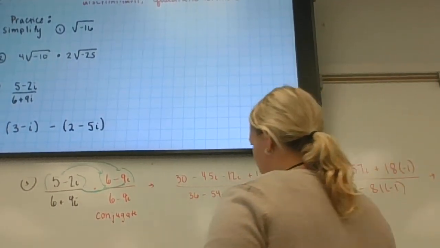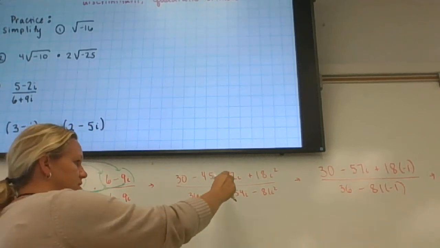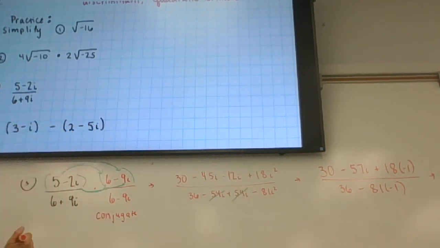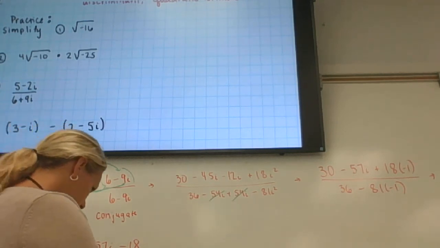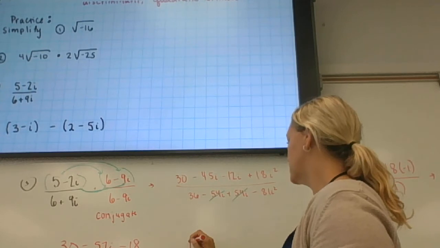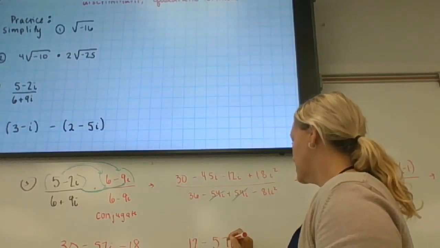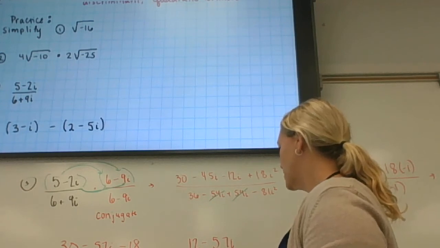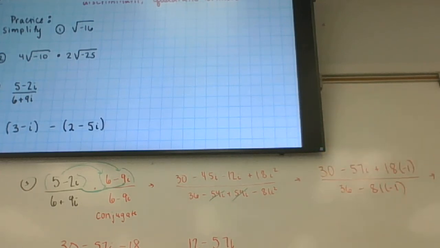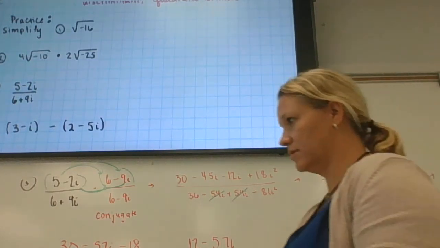The i squared becomes -1, and the middle terms are opposites, and they cancel. Yeah, 117. 57. Okay.